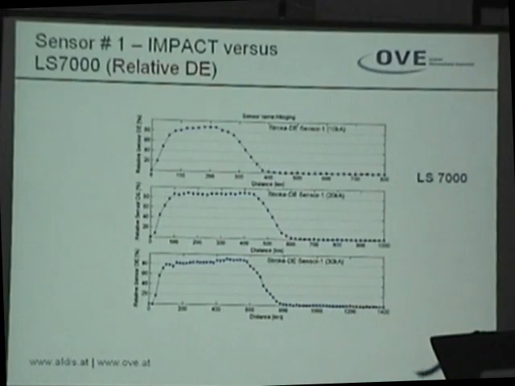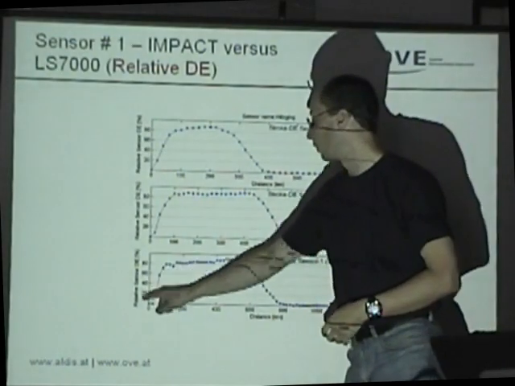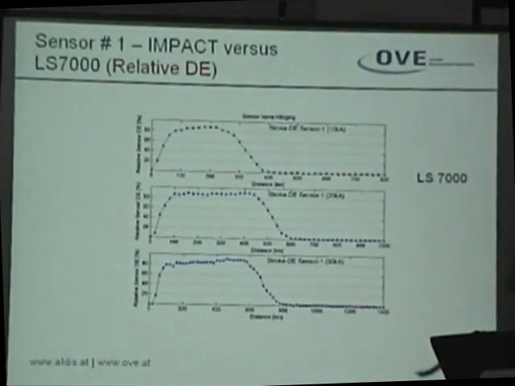There's no dead time. It's really analyzing all the signals and such things. But we recently found some problem with the LS7000, that it doesn't detect at smaller distances as well as the impact sensor. But they will check what the reason for this is. Yes.